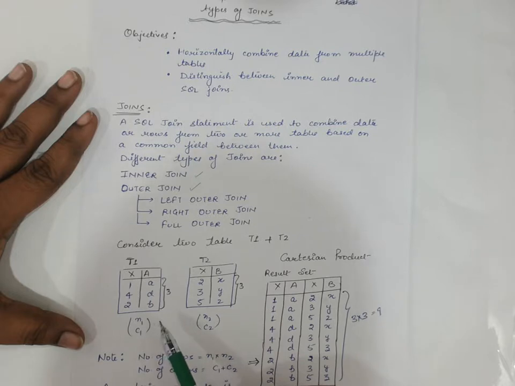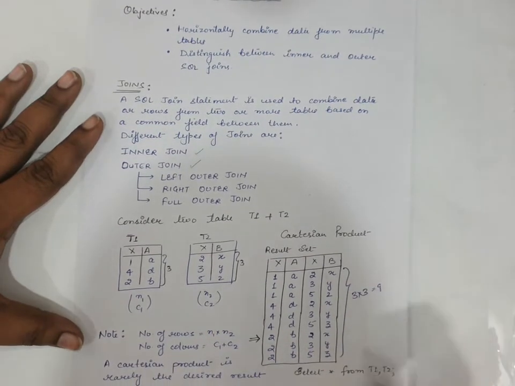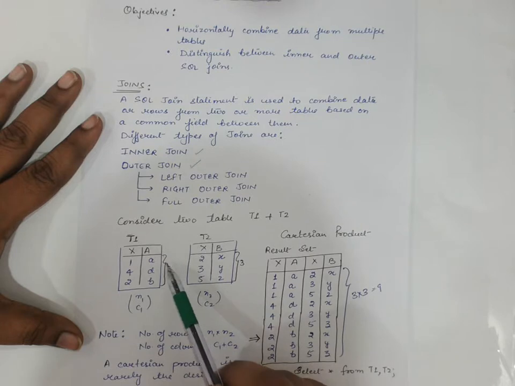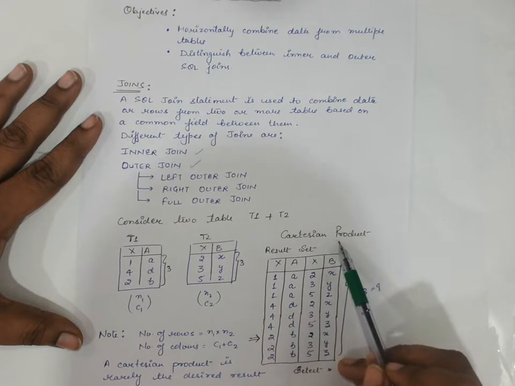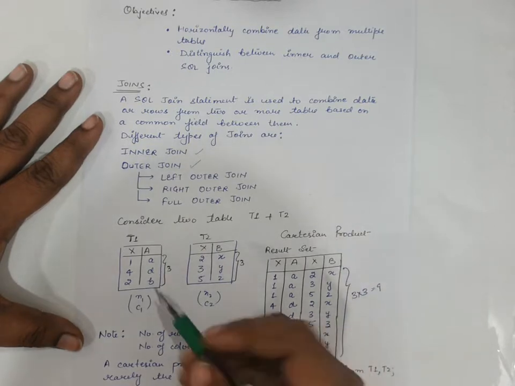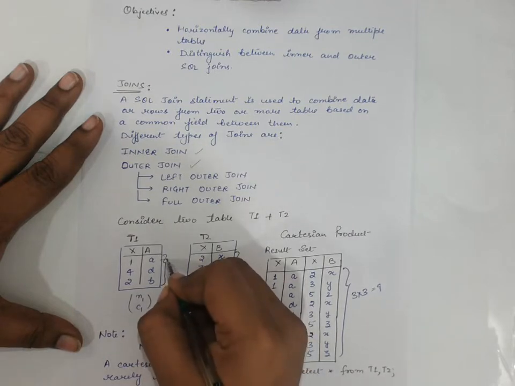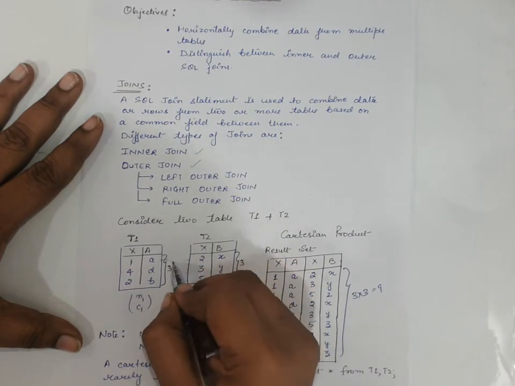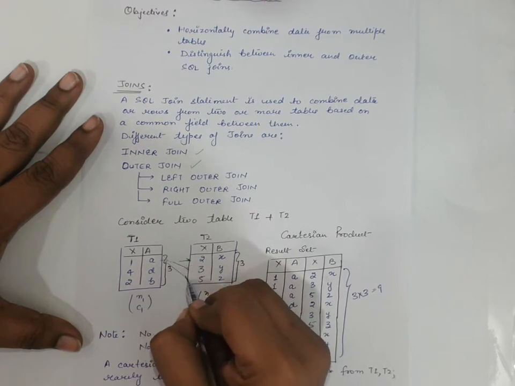For fetching data from more than one table, the very basic step is to do the Cartesian product. Let's understand the Cartesian product. Table T1 has 3 tuples and table 2 has 3 tuples. Cartesian product simply maps the tuple from one table to the tuples of the other table.